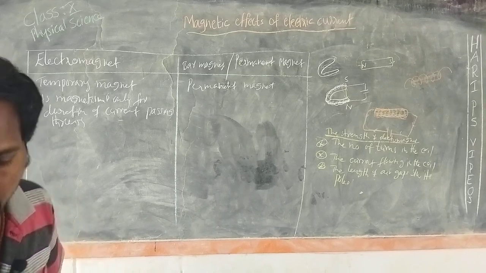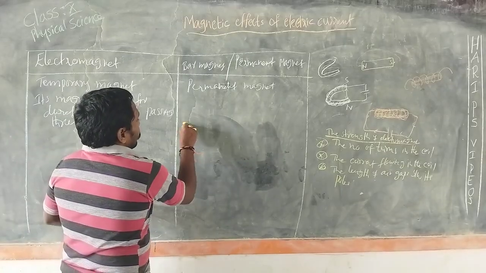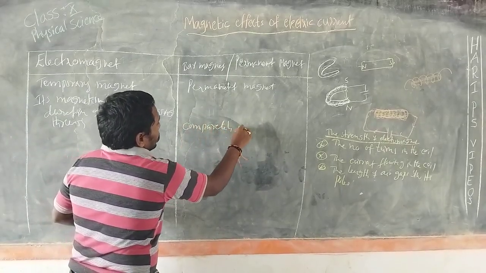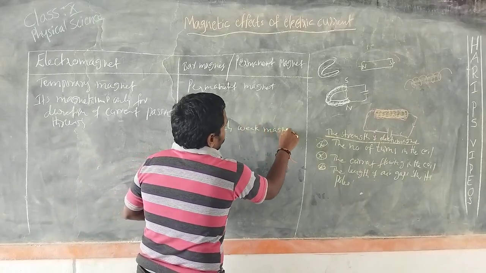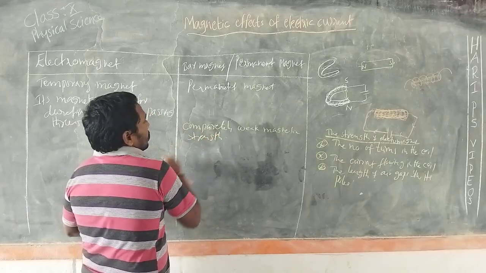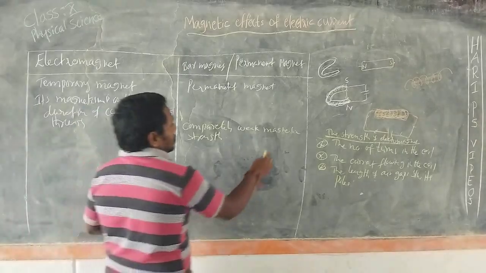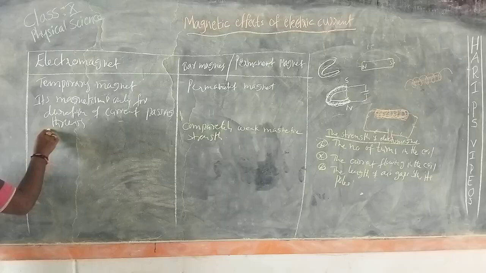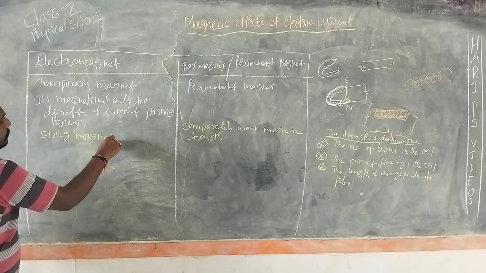A permanent magnet produces comparatively weak magnetic strength when compared with an electromagnet, which has strong magnetic strength.